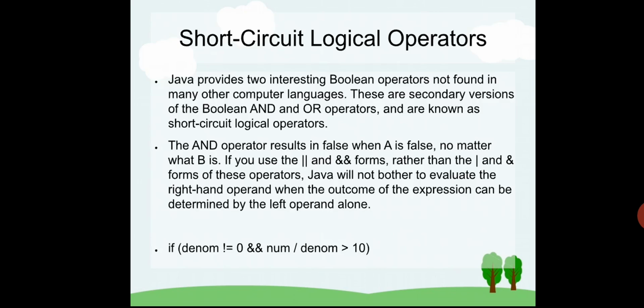How are you going to write it? If, bracket, age less than 50, and a single AND, then height greater than 6. If that condition is true, then only you are going to execute the following code.